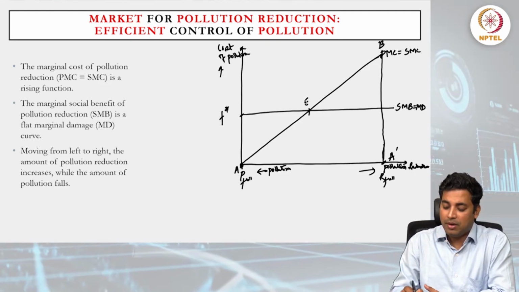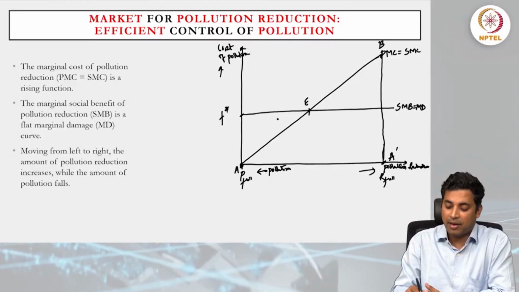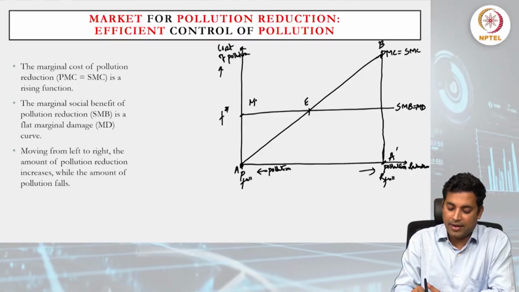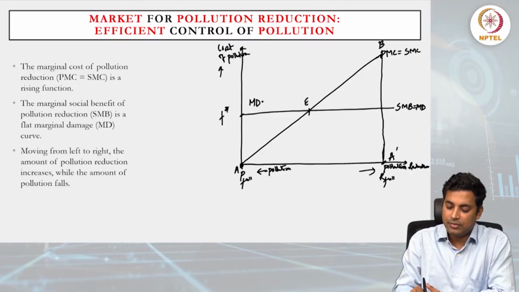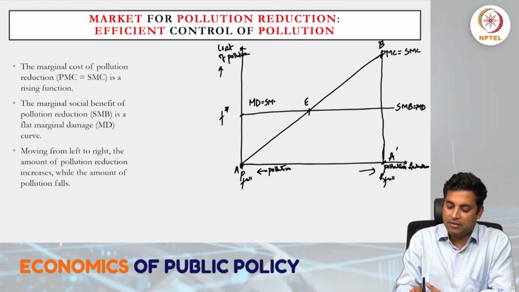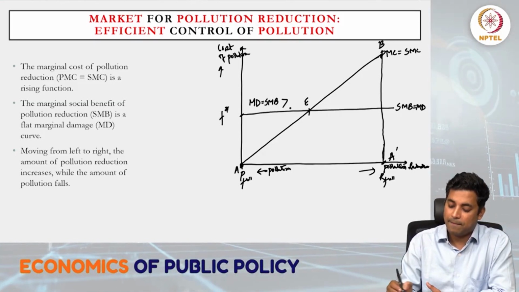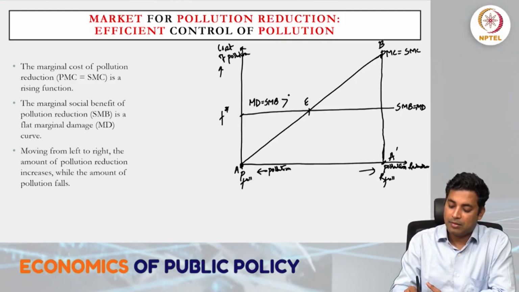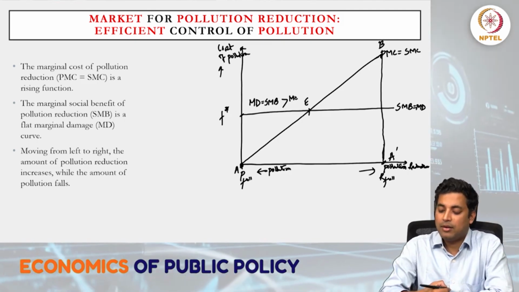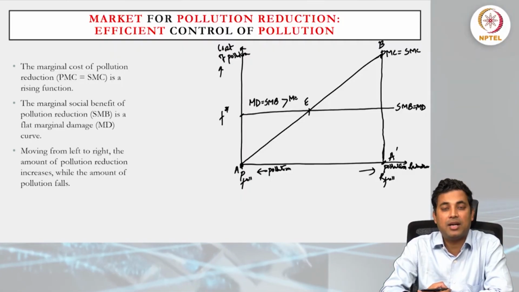Now you see, before point E, on the left hand side, that part is where marginal damage, what we call social marginal benefit, is higher than marginal cost. In this case it could be private marginal cost or social marginal cost, but definitely marginal damage is higher.